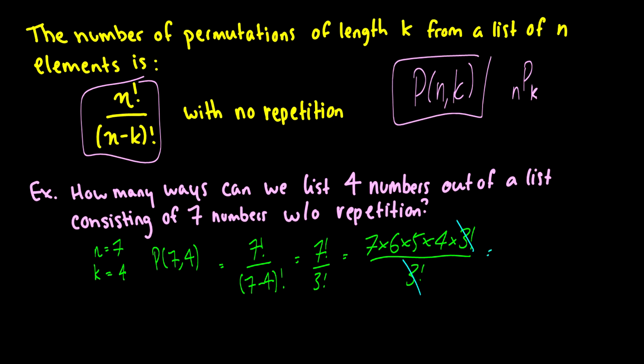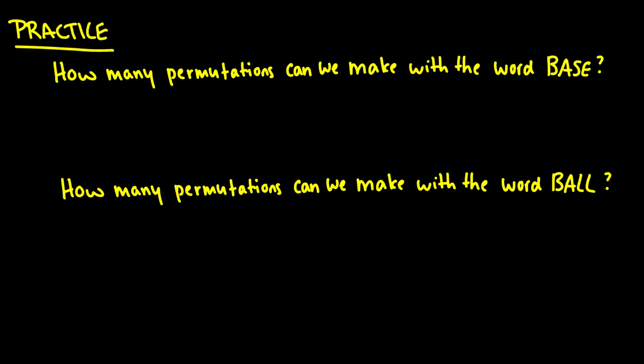And now these are going to cancel out, which will leave us with 7 times 6 times 5 times 4, which is going to be 42 times 20, which is 840 different ways. So that's pretty cool. If we have a 7-number list, we have 840 different ways that we can randomly list 4 of those numbers without repetition.